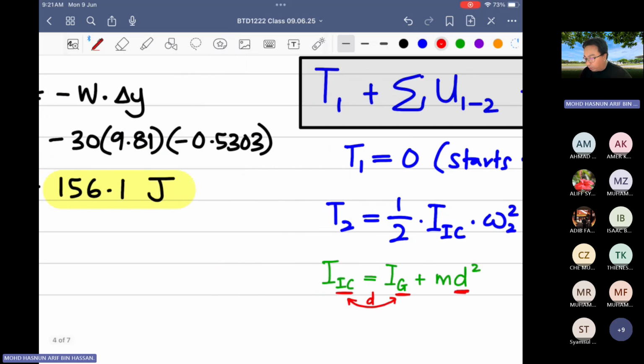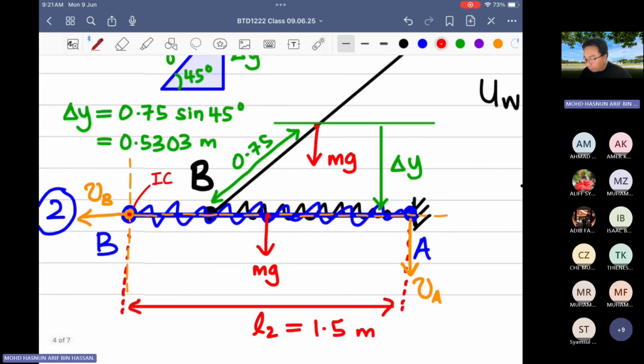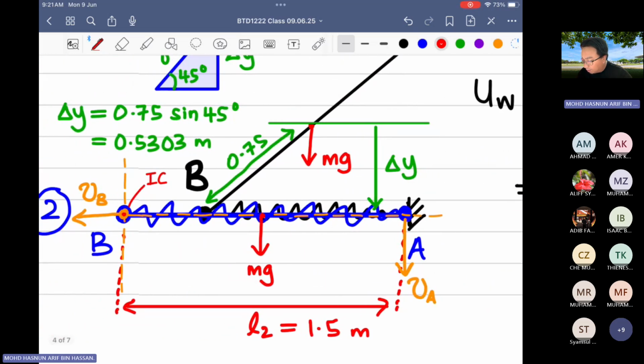So now that we already know the location of IC, the location of G is here at point G, in the middle. This is point G. So the location of IC is at point B. The location of G is in the middle. Therefore, the length D is equal to half of the length of the rod, which is 0.75.